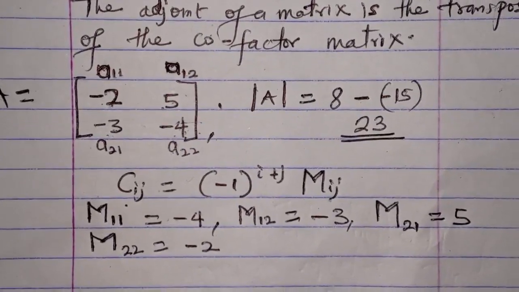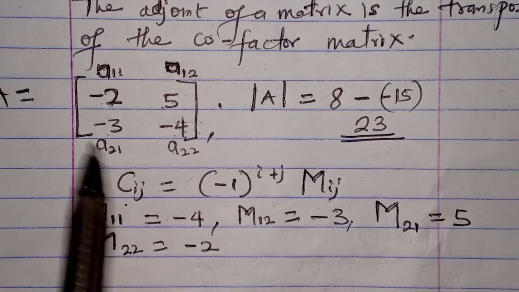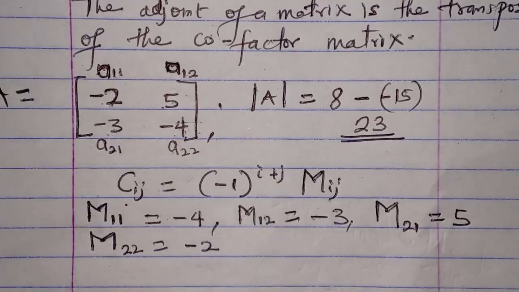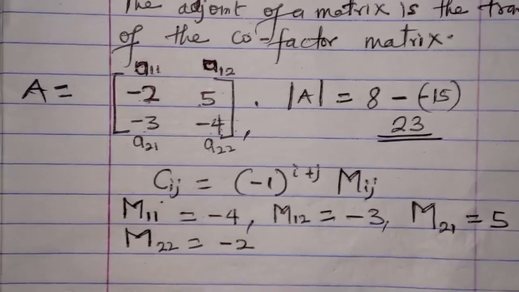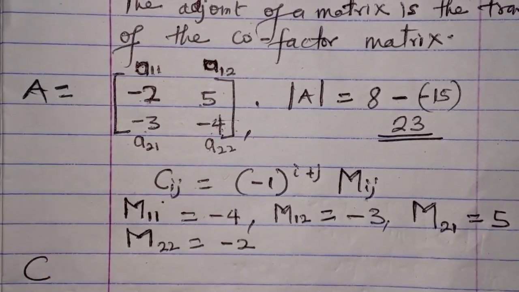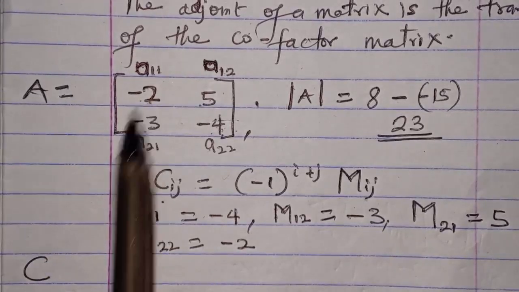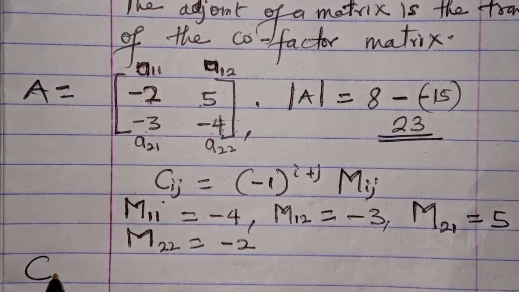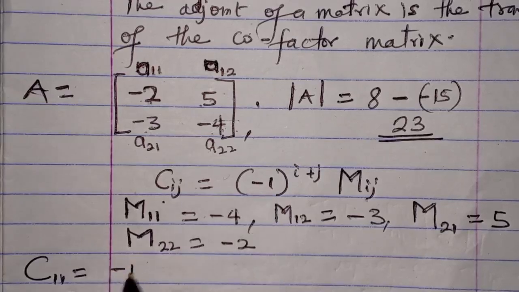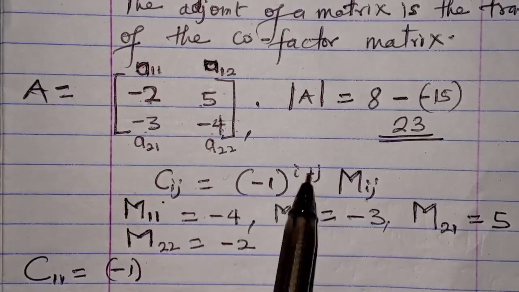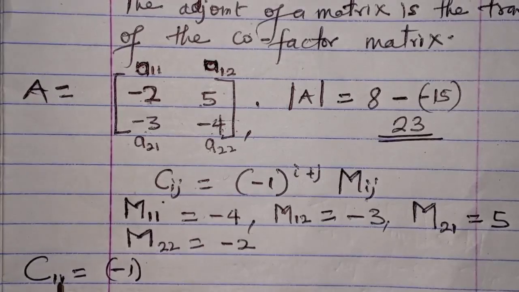So we can now determine the cofactor of each of the elements here using the formula. The cofactor of the first element, C11, is equal to minus 1 raised to the power of i plus j. i is the row and j is the column. i is 1, j is 1.